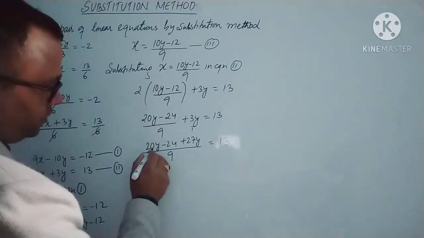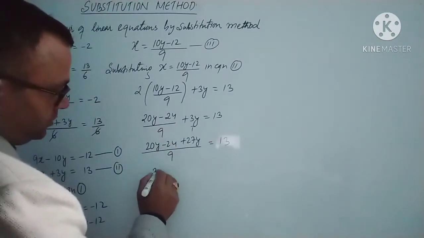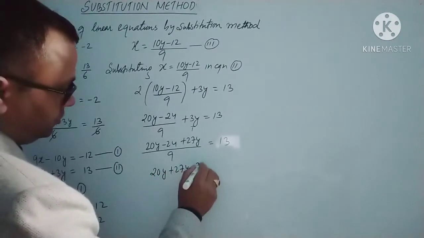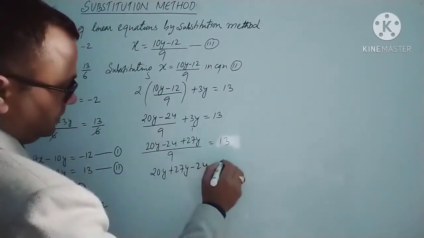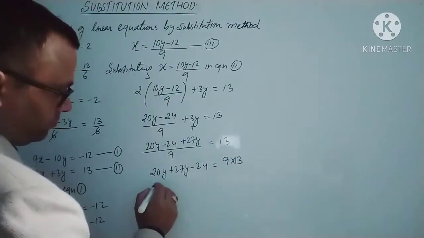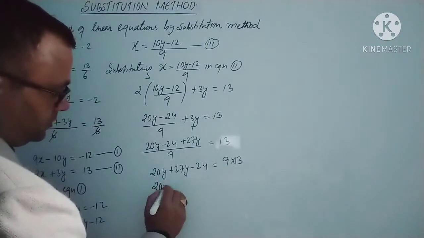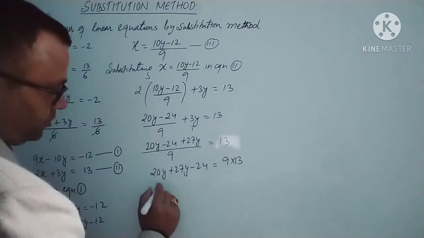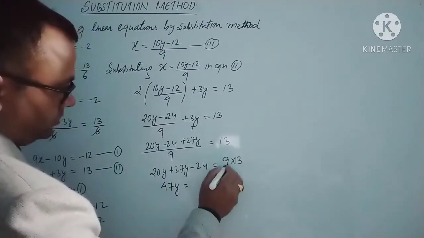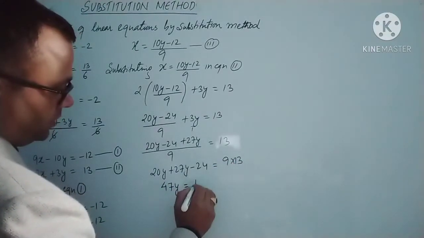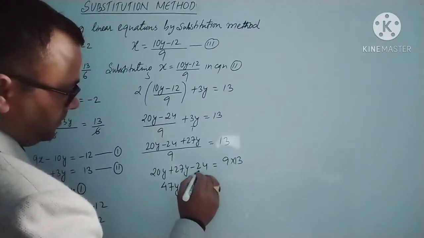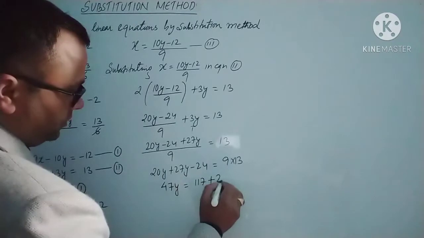So 20y plus 27y minus 24 equals 9 into 13. Cross multiply. So 20y plus 27y is 47y equals 9 into 13 is 117, plus 24.